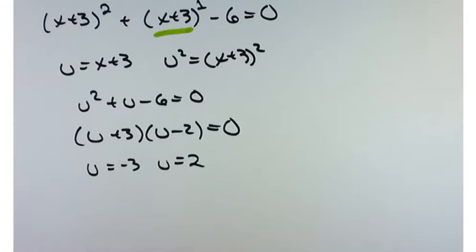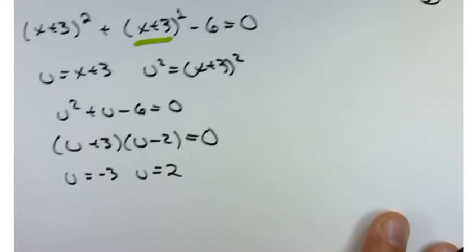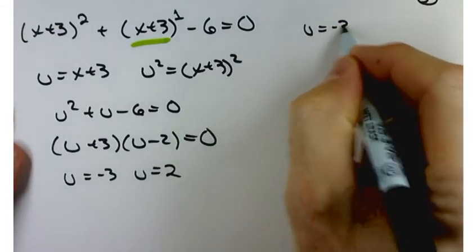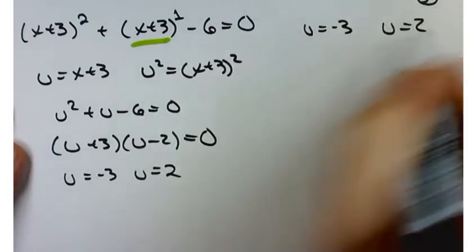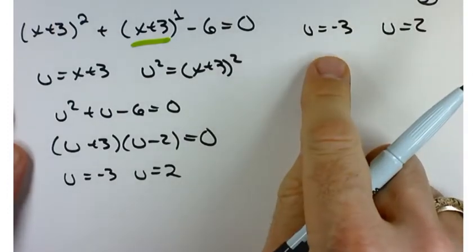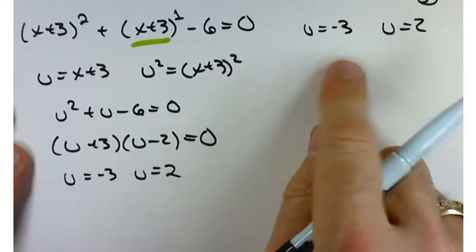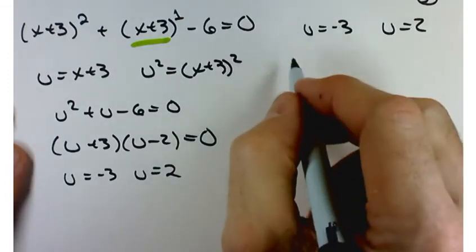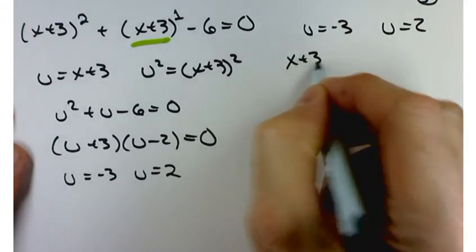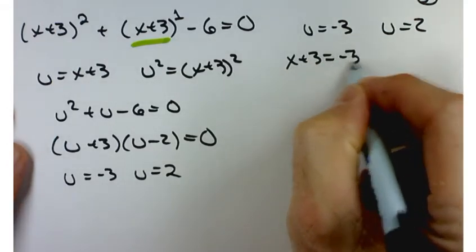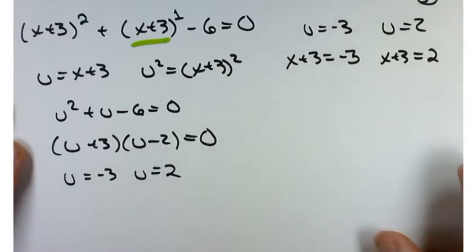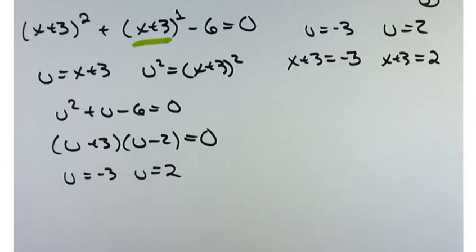We're not quite done though. Got a little bit more to work on with this one. Then what? Well, I get u equals -3 or u equals 2. Suggestions? Now what? x plus 3 equals -3 or x plus 3 equals 2.